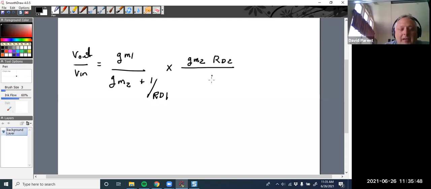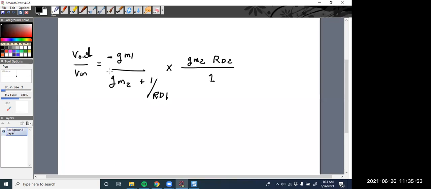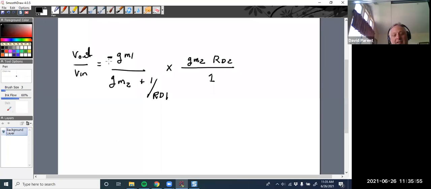Yeah. And then there's nothing there. And there's the minus sign, negative. Yeah, I did a loose thing in LTSpice to show that that was true.